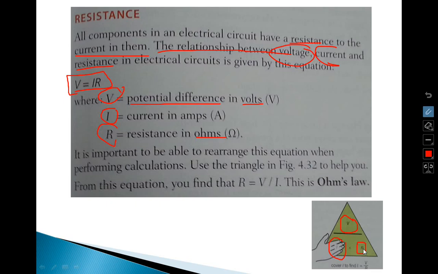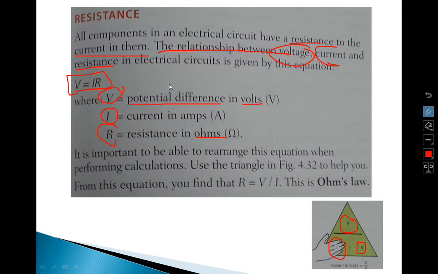It's easier. In each component in the circuit there is a resistance. Resistance makes the relation between V and I, and V is equal to I times R. It's very important to be able to rearrange this equation when performing calculations.